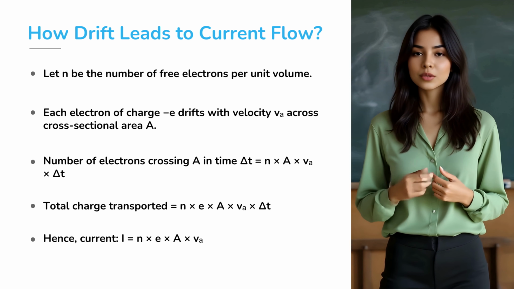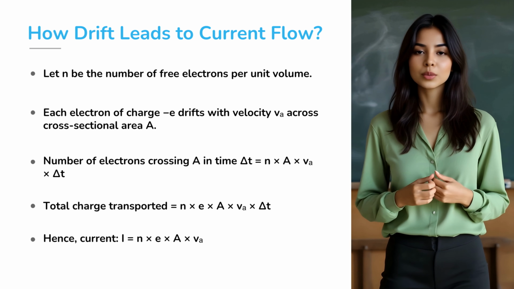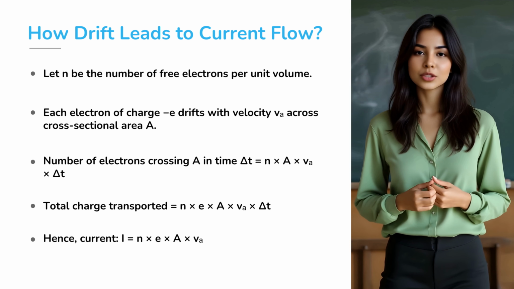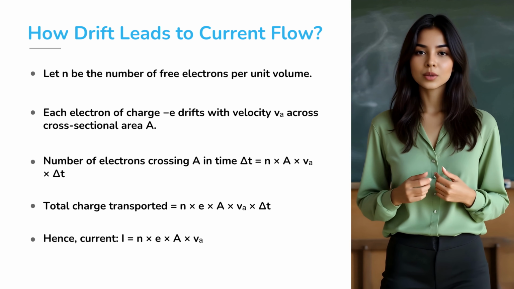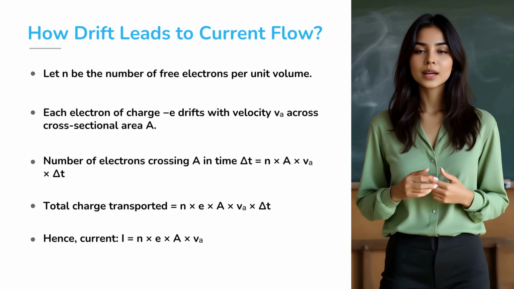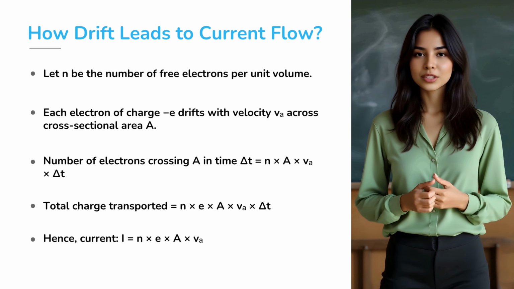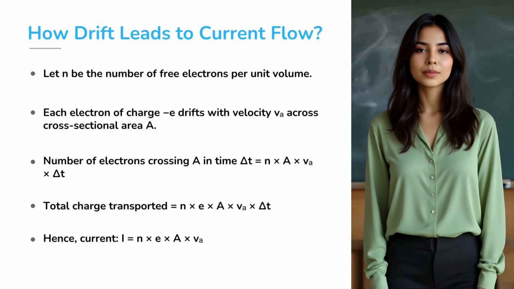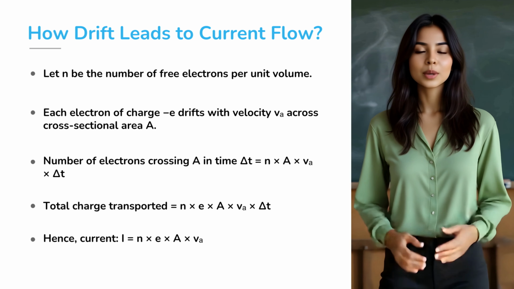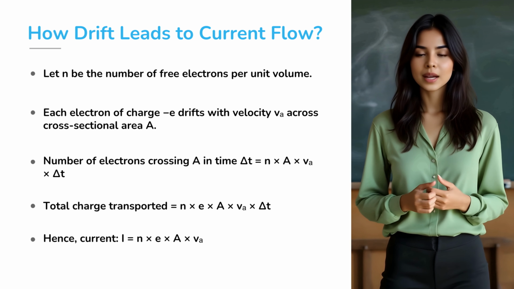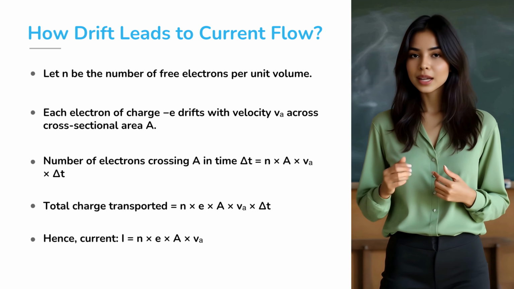Let n be the number of free electrons per unit volume, and A be the area of the wire's cross-section. Now, in a tiny time delta t, electrons drift a distance of V sub d times delta t. So the number of electrons passing through the area A is n times A times V sub d times delta t.